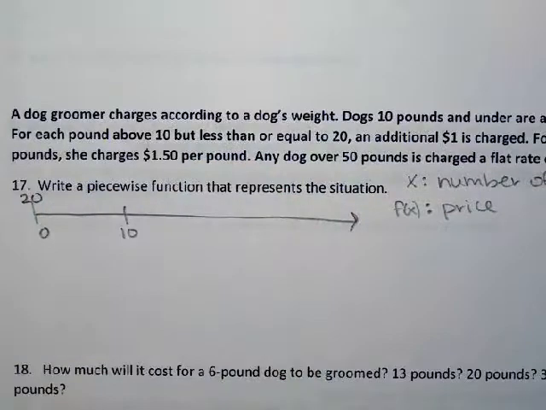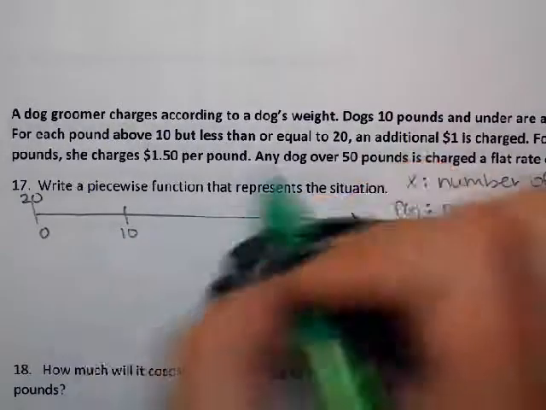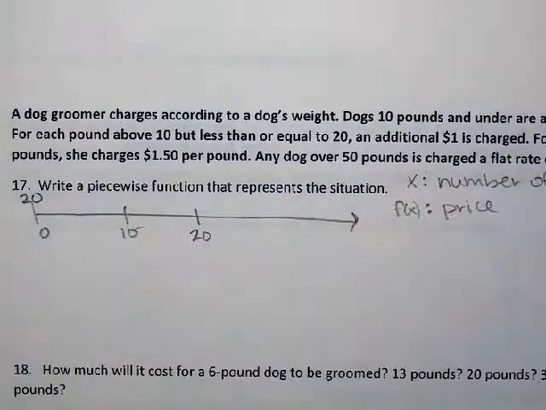Okay. And then what does it say? So from 10 pounds to 20 pounds, how much is it per pound?